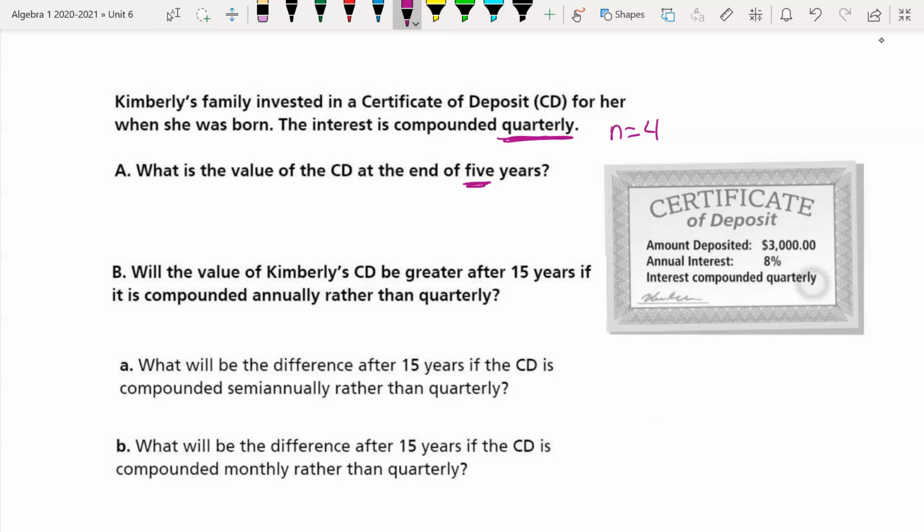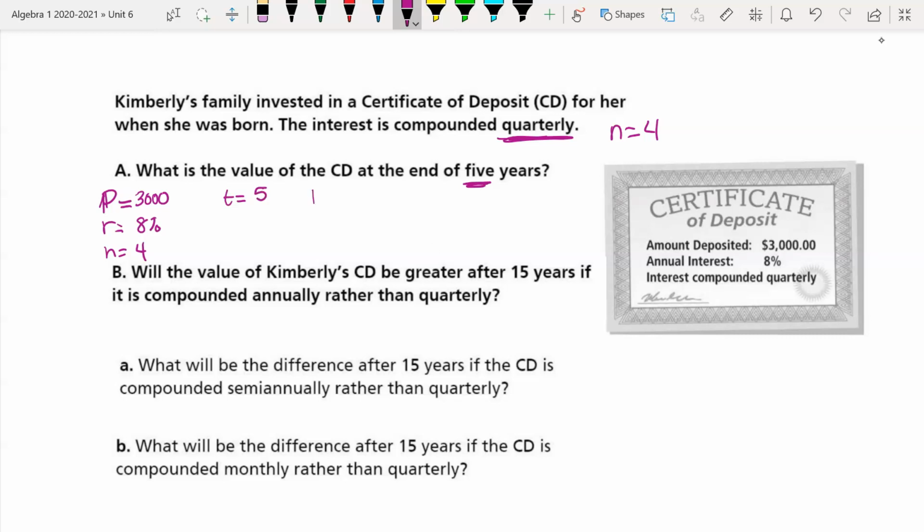So the amount deposited, which is my P, I like to write everything down. So my P is 3,000. My R, my annual interest rate, is 8%. My N, we just talked about, is 4. And the last thing I need is my time, which is 5 years.